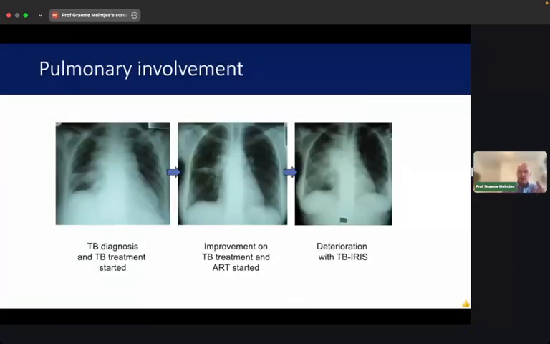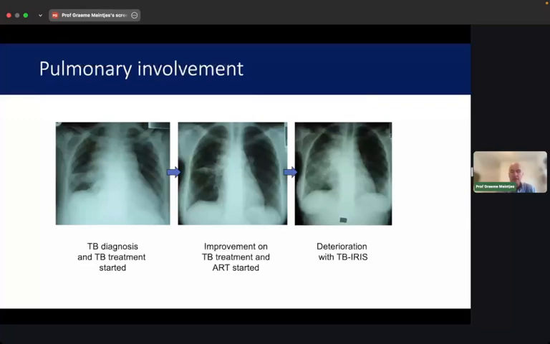So just to go back to the sequence, in paradoxical TB-RS, the patient has HIV, they're diagnosed with TB, they start TB treatment, they then start ART, and then they develop the inflammatory reaction. This is a sequence of chest x-rays of a patient that I looked after many years ago. Diagnosed with TB, in the first chest x-ray you see large mediastinal lymph nodes and right-sided pulmonary infiltrates.